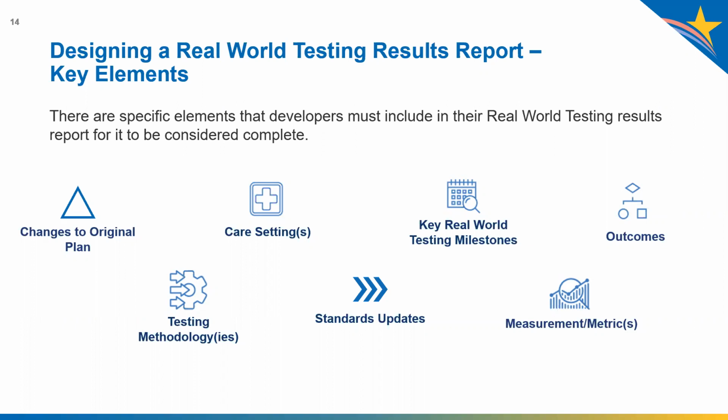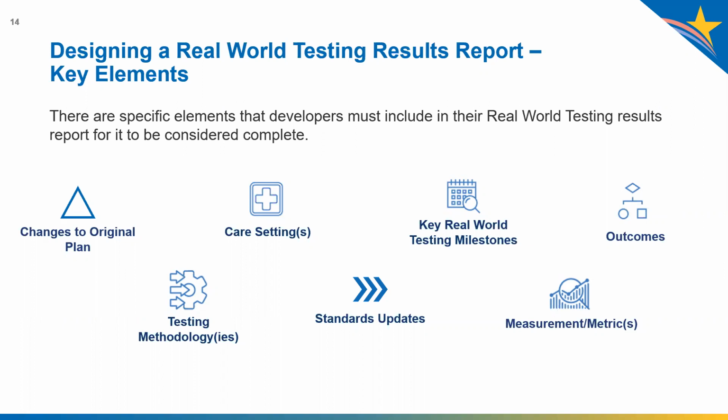And then we have the care setting types that were tested for real-world interoperability, voluntary updates to the standards and implementation specifications approved through the standards version advancement process, as well as any mandatory standards updates that you may have incorporated into your health IT, that were included in your real-world testing plan for the year that you're reporting on, and a list of key real-world testing milestones. All of this is directly linked back to what you put in your plan, and we'll get into how you report on that.